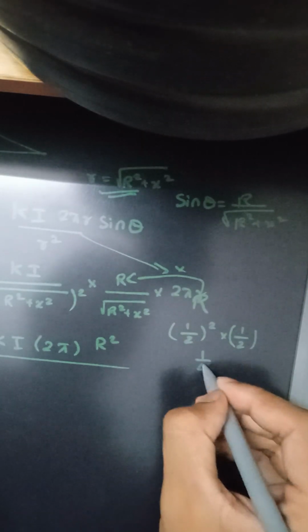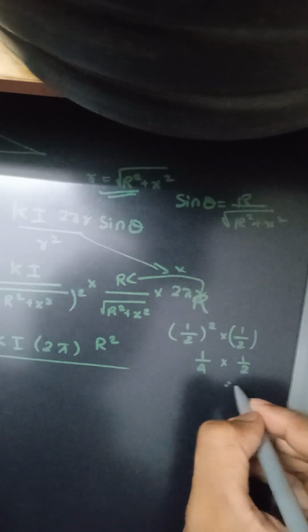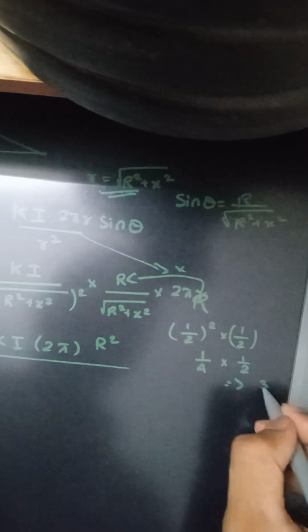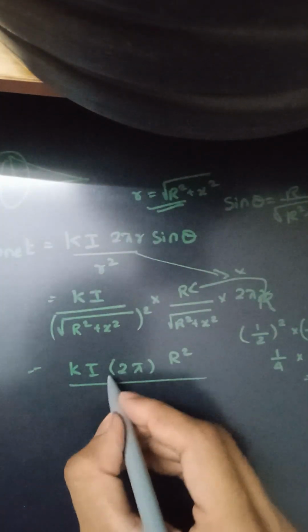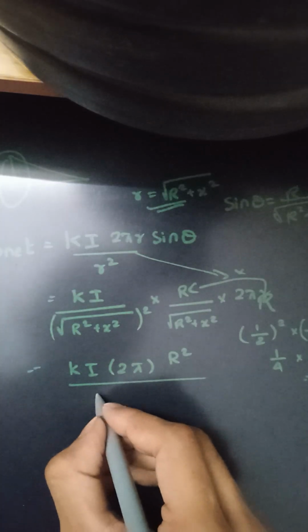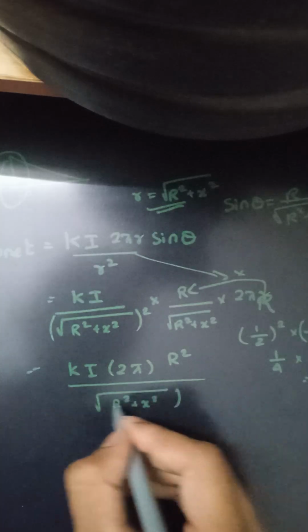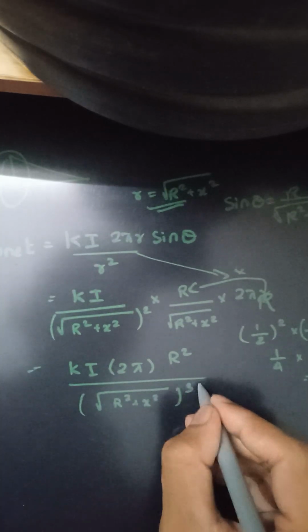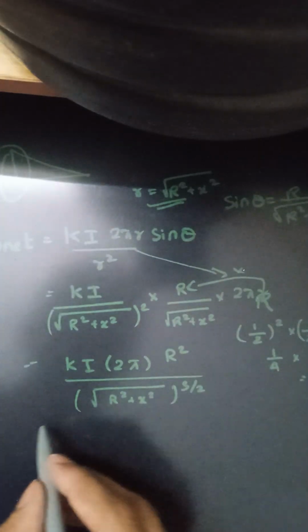What is this? 1 by 4 into 1 by 2. What is there? 3 by 2. So here whole power 3 by 2.